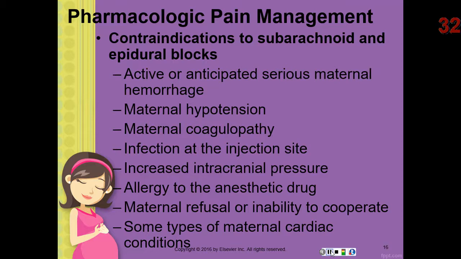If mom has hypotension anyway, we're going to watch that. Maternal coagulopathy, obviously she needs to be able to clot. If there's a decrease in platelet count, we're not going to be doing that. And then the rest of them, obviously, we're not going to do.